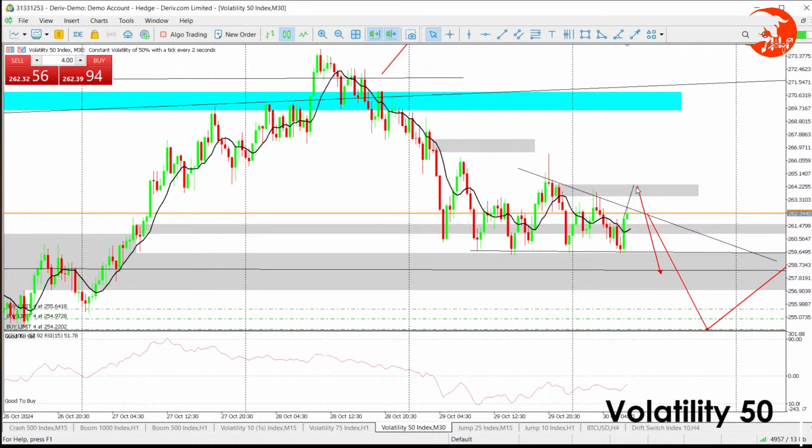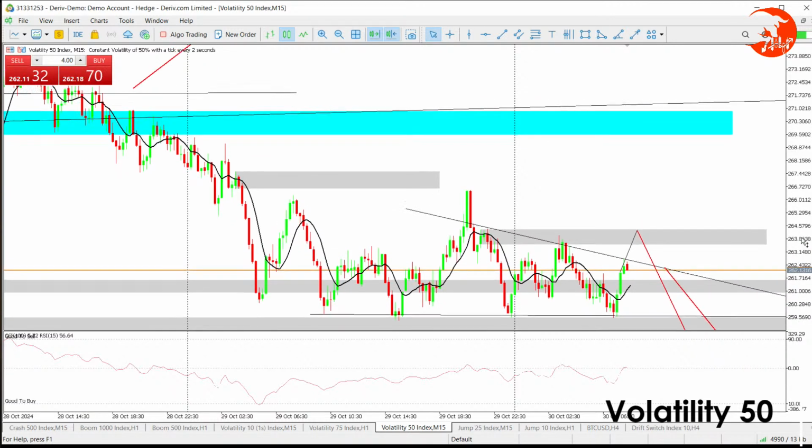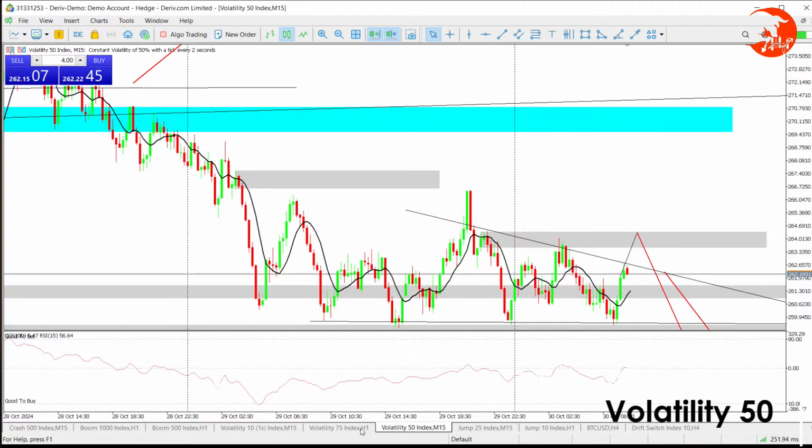So it's a no-go for me. I will just leave it for now until I see it on M15 being below the 10 MA. That's when I can make my entries there. So that's V50 for us there.